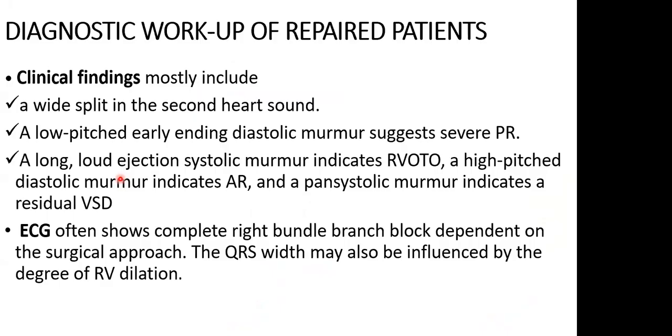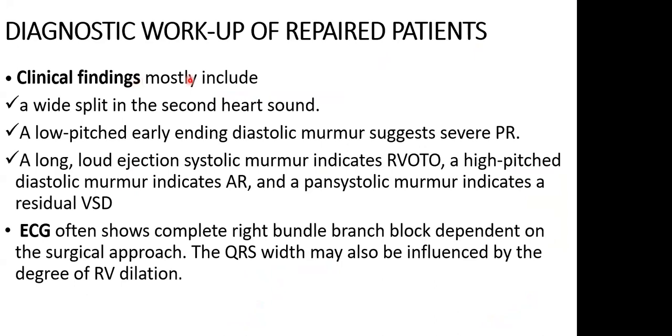So now, the diagnostic workup of these patients. Sorry, I'm trying to look this up. So basically, what happens is that this patient presents with a wide split in the second heart sound. Why? Because there's actually a delay in the closure of the pulmonary valve due to stenosis.